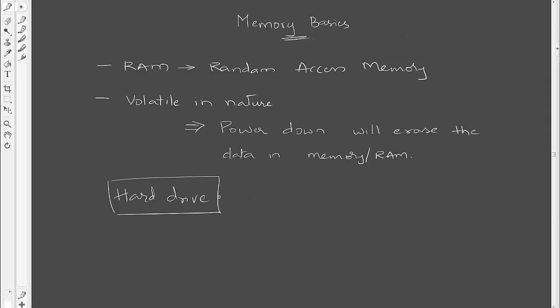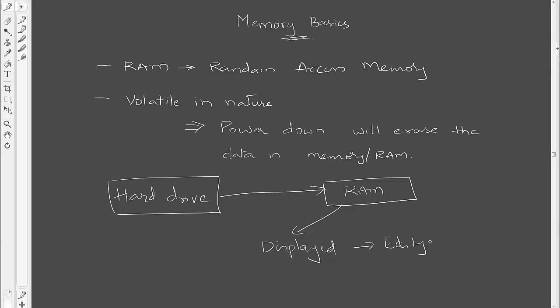What really happens is from hard drive, the resume first goes into your RAM memory, and from here it gets displayed on your screen. So let's say you start editing here. When you edit, you're actually editing the copy in the memory. That's a copy that you're working with. And when you hit the save button, your resume is then saved to the hard drive.